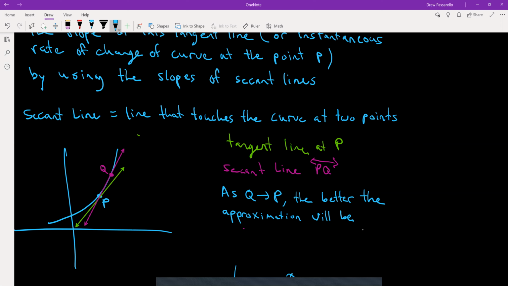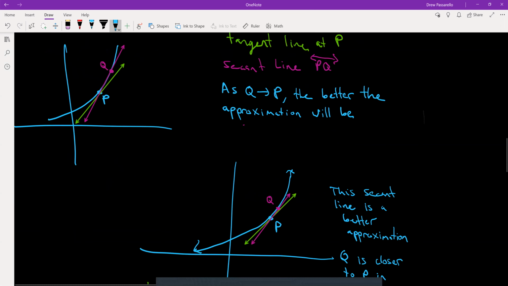Now P and Q are on the curve, so a secant line is a line that touches the curve at 2 points. So in this case, the purple line touches the blue curve at points P and Q. And the idea is, the closer I can get Q to approach point P, the better the approximation will be for that secant line to match the tangent line.